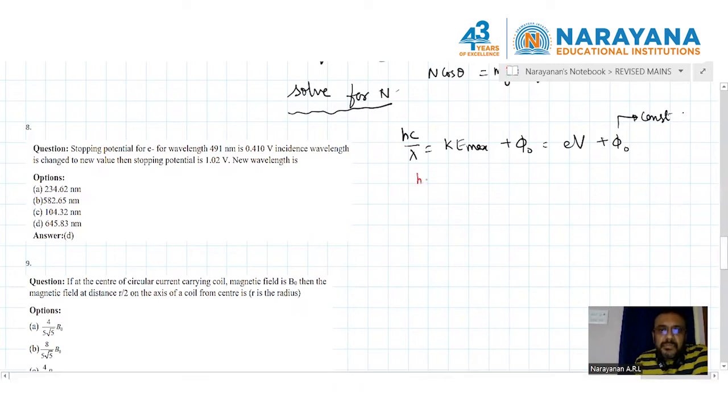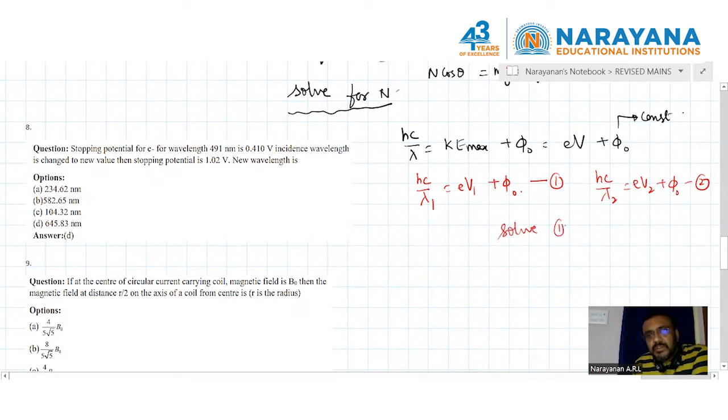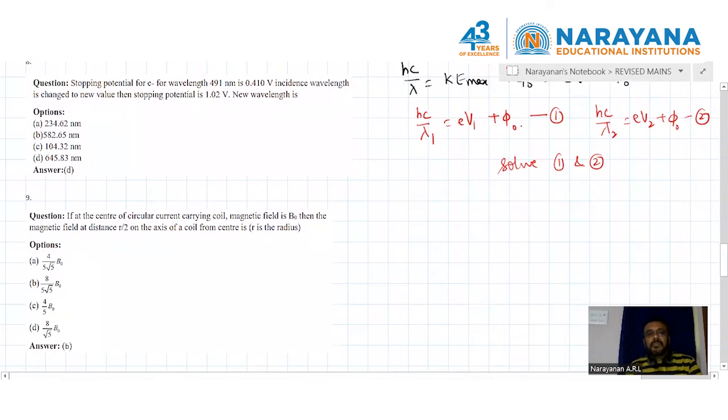So hc by lambda 1 is eV1 plus phi naught, equation 1. hc by lambda 2 is equal to eV2 plus phi naught, equation 2. Now solve 1 and 2, and we can get the required value.